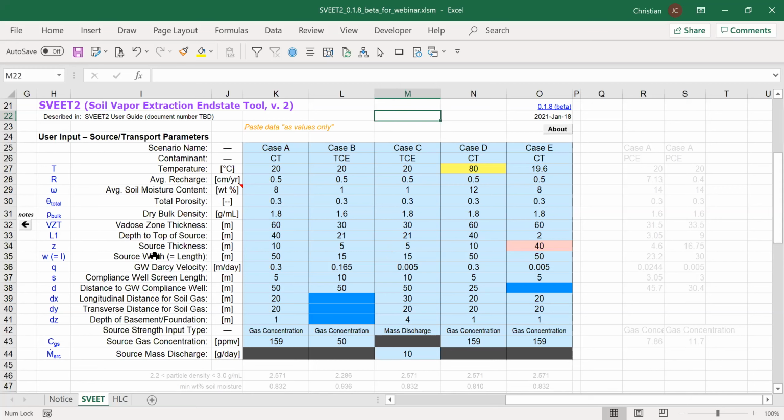We do have a table that talks about, as you change a parameter, how does the estimate go up and down? I don't have that right in front of me to share. I think certainly the source strength is going to be a key parameter and have the most impact probably. But you're right, the recharge and soil moisture, these things affect the contaminant transport the most. Those are key parameters in terms of magnitude of impact.